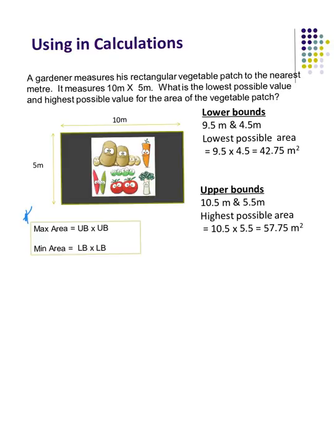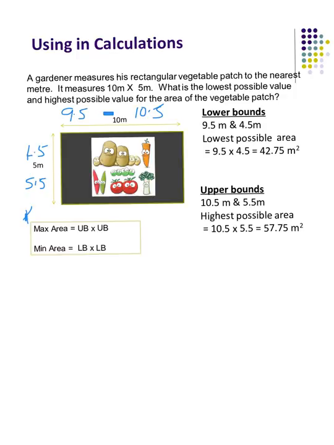So if 10 has been rounded to 10, my lower bound is going to be 9.5 and my upper bound is going to be 10.5. And here, if it's been 5, my lower bound is going to be 4.5 and my upper bound will be 5.5.